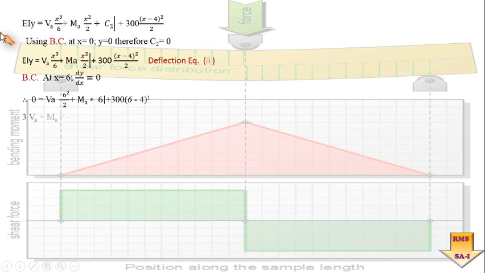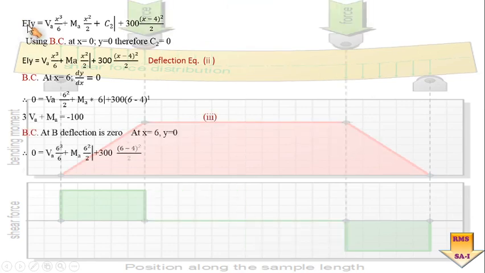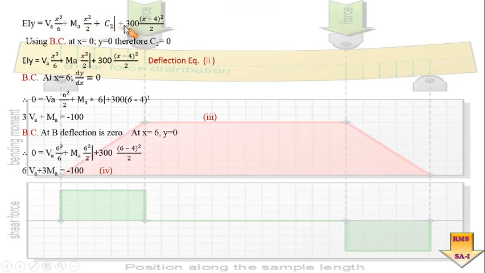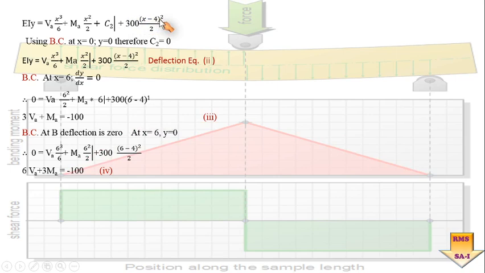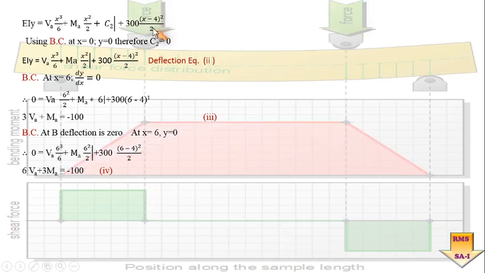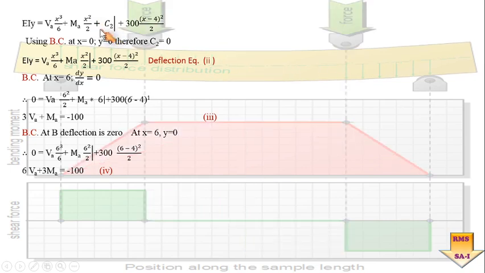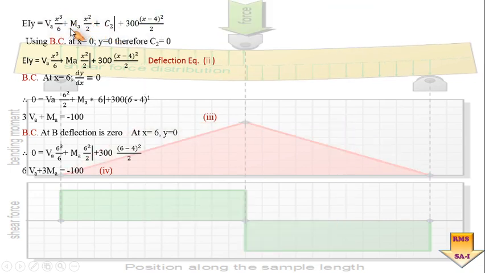That is, after integrating the slope equation, we get EIY is equal to VA x cube by 6 plus MA x square by 2 plus C2 plus 300 x minus 4 bracket square by 2. Here this term C1 and C2 are always occurring with the first span.